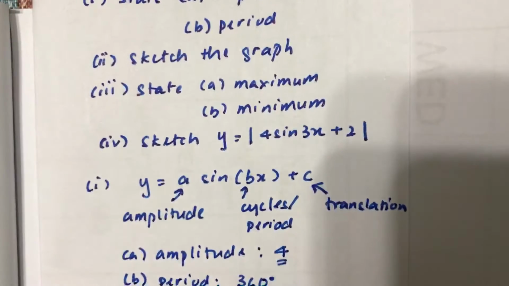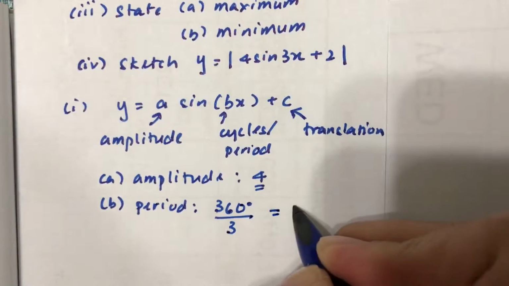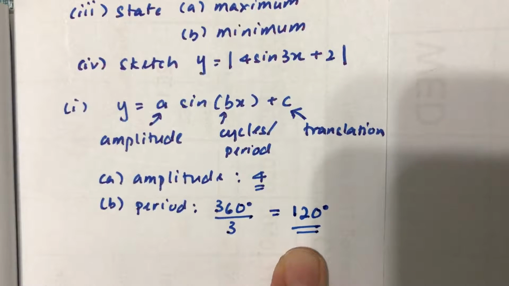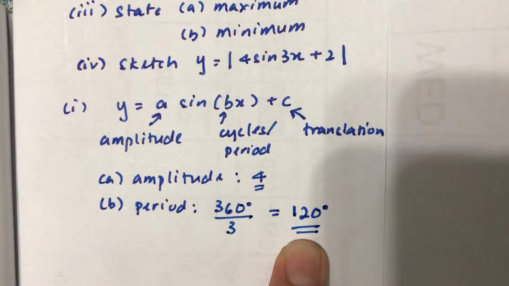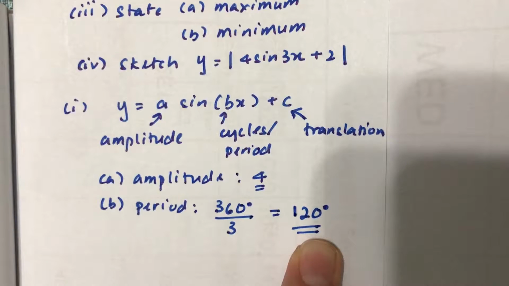So 360 divided by 3, you'll get 120. So this is the period. It means that I only need 120 degrees in order to have a complete sine cycle, meaning that you have the mountain and the valley. You only need 120 degrees for one cycle. So this is the period.